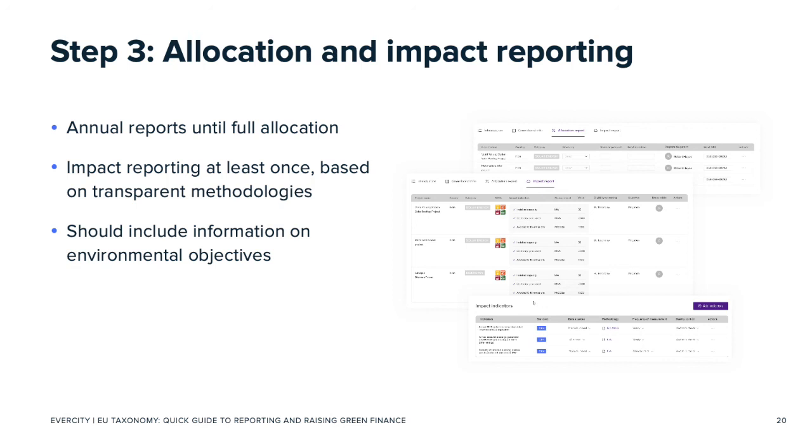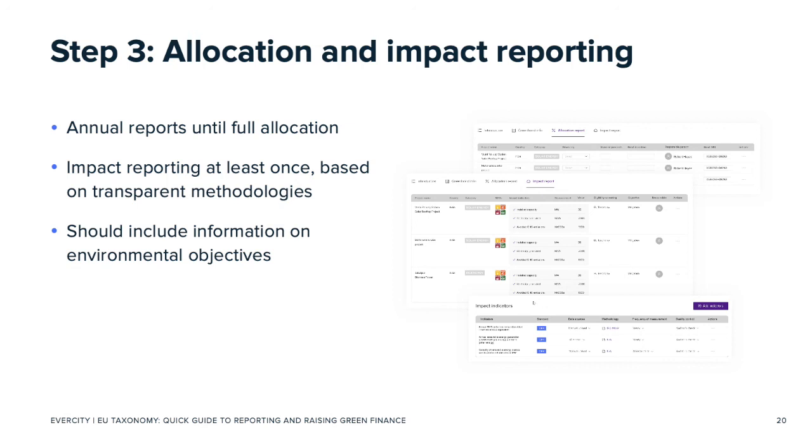You probably don't distribute all the finance immediately. It will take some time. Maybe one year you distribute one half, then another half. Usually in your framework, you put a limit and you say that the bond will be fully allocated within, let's say, 2 years. Before full allocation, you have to prepare annual reports on allocation, and then do the impact reporting at least once based on transparent methodologies.